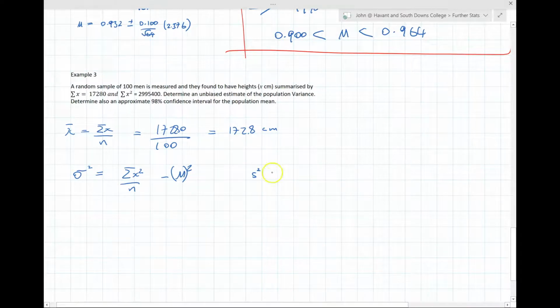The estimator for the standard deviation, which is what I use, is this ratio times the population standard deviation. And I think the formula is given in the formula book for the unbiased estimator of a standard deviation.